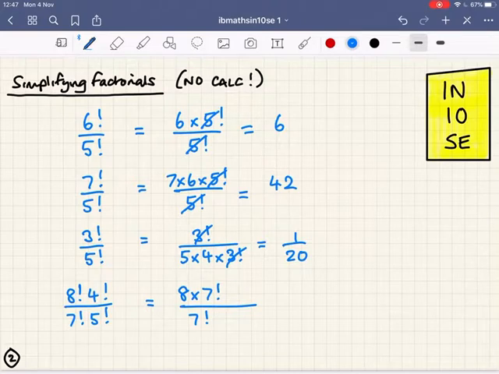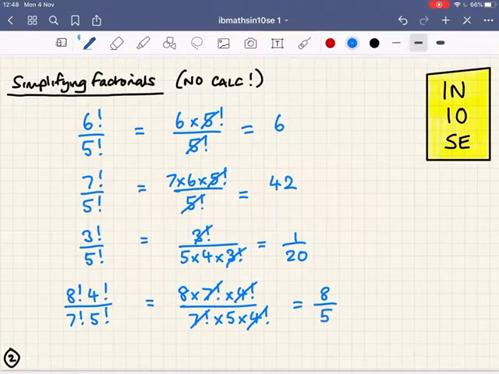Then 4 factorial and 5 factorial, well, let's leave 4 factorial up there, and rewrite 5 factorial as 5 times 4 factorial. That enables us to pick out 2 common factors there. 7 factorial can go, 4 factorial can go, leaving us with 8 over 5. Remarkably simple, and much better to do it that way without a calculator than to multiply everything out together and end up with quite a tricky piece of arithmetic to do with the numbers.